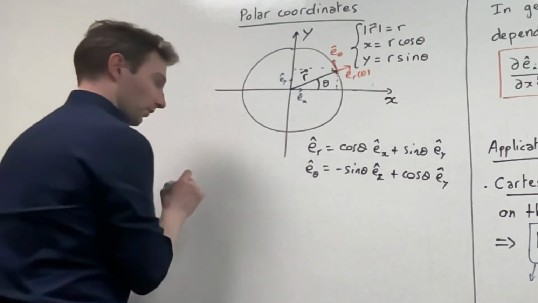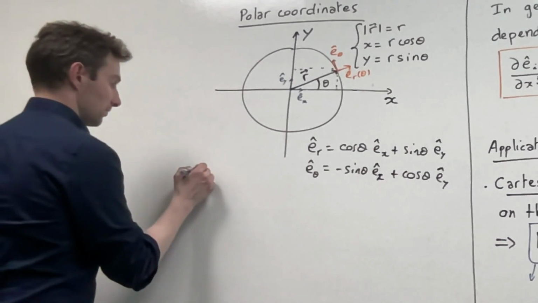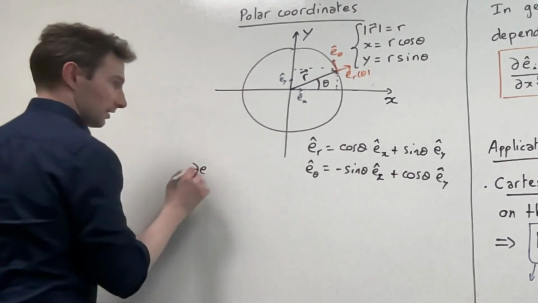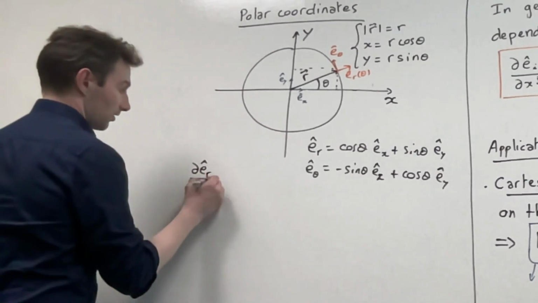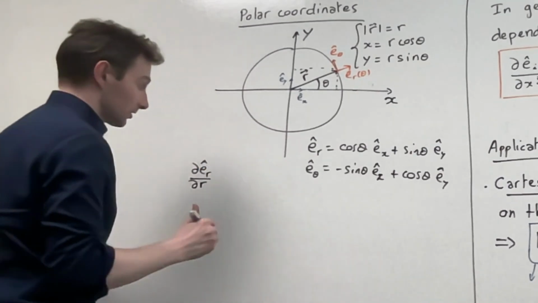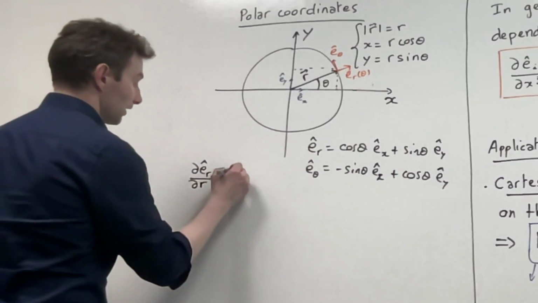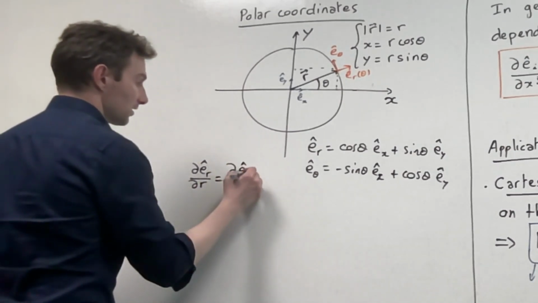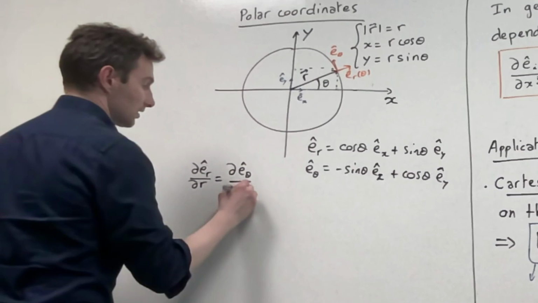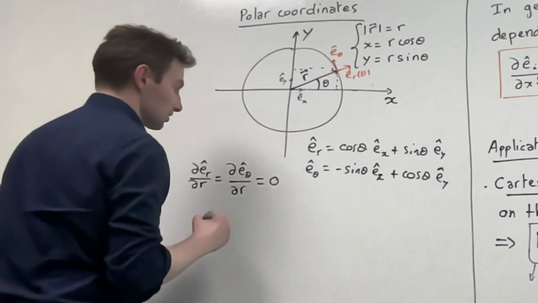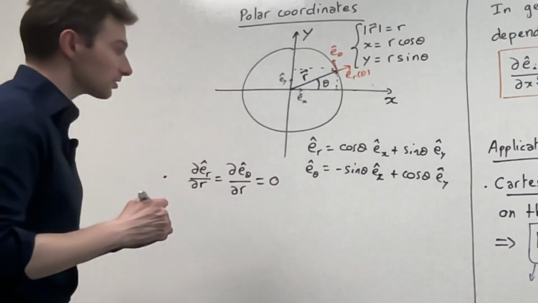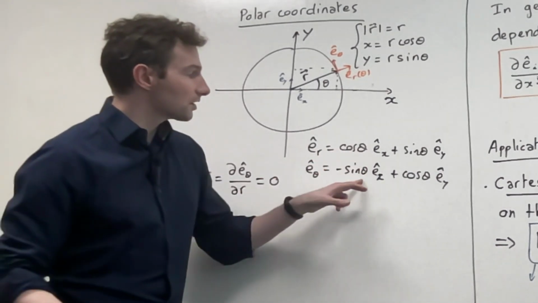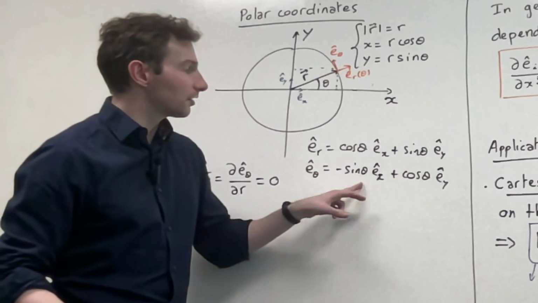So first of all, one of the things I know is that if I look at d of ER dr, because that's a polar coordinate, what I'm going to find is that this is the same as d of E theta dr. That's actually equal to 0. Okay, that's the first thing I can say, because you see that the dependence in the coordinates is only in theta.